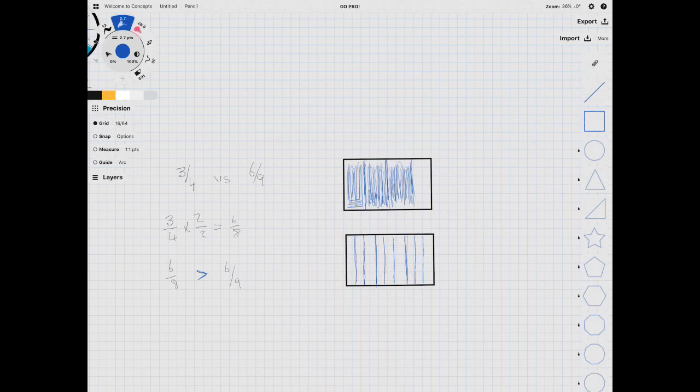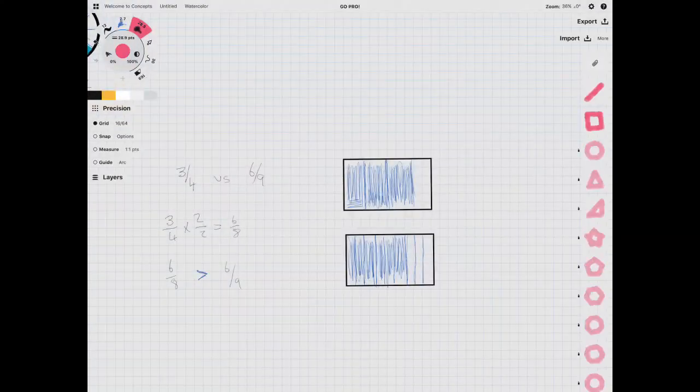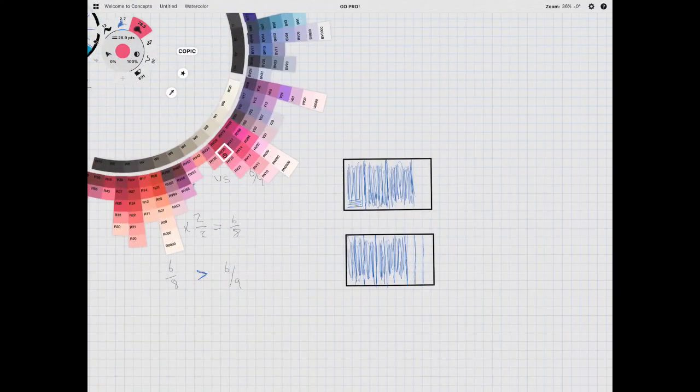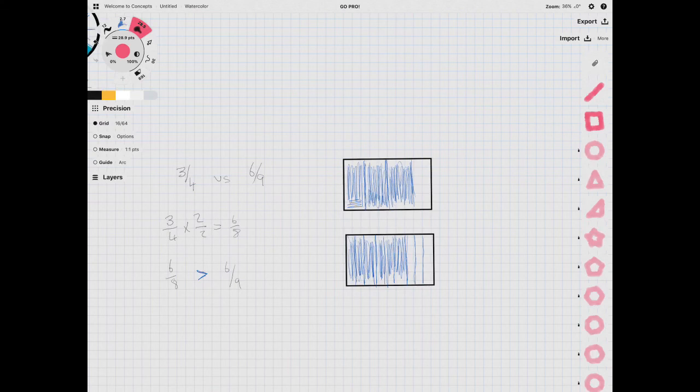We've got 3/4, we've got 6/9, and we need to color in 6 of these. 1, 2, 3, 4, 5, 6. And let's use a different color here. Is this going to work?